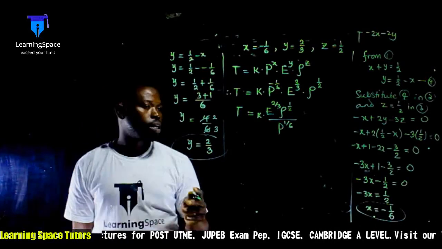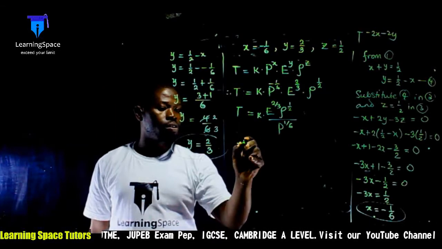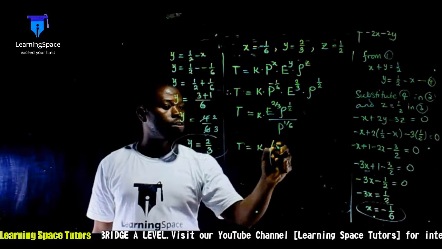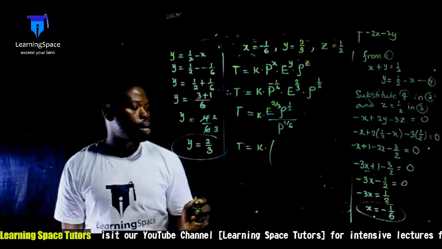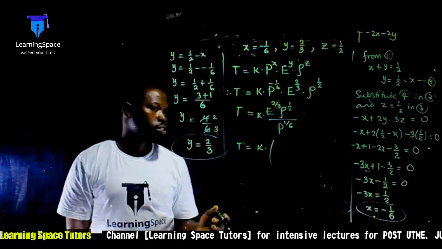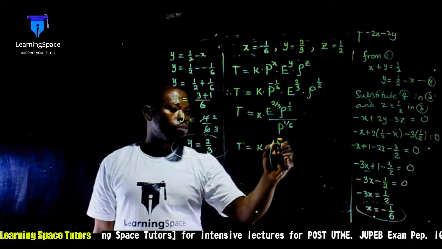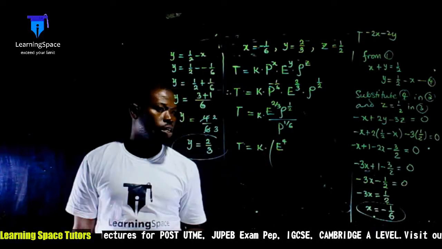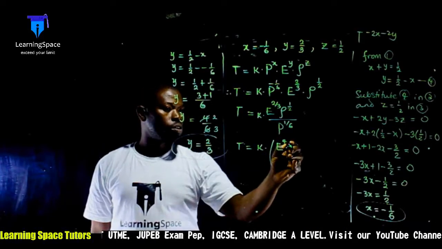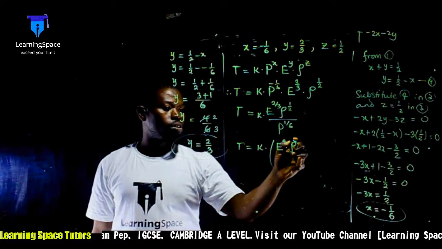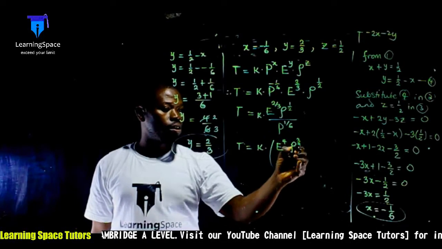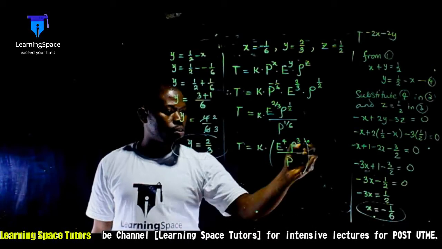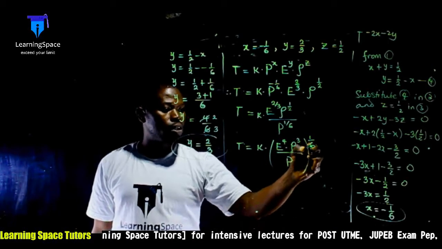Now we can bring out 1 all over 6 from this equation. If we bring out 1 all over 6, we are going to have E raised to power 4 dot density raised to power 3, all divided by pressure, everything raised to power 1 all over 6.